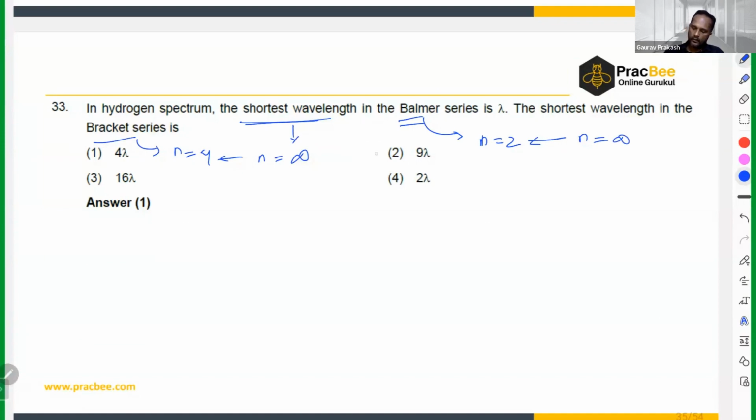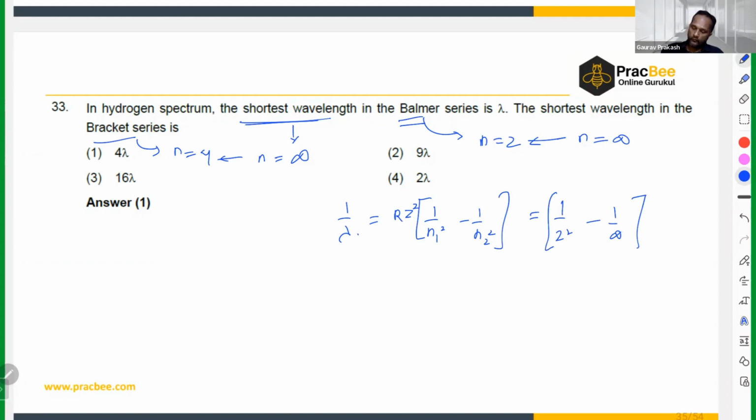So basically the 1 by lambda is given as R Z square, 1 by n1 square minus 1 by n2 square. You must have studied this formula in modern physics. So I can easily say that 1 by lambda is R times 1 by 2 square minus 1 by infinity square.